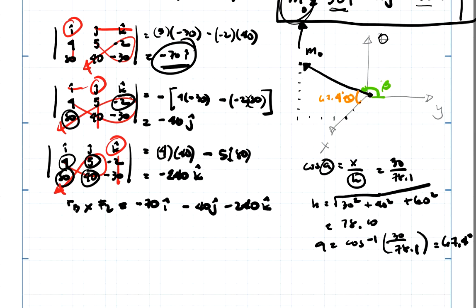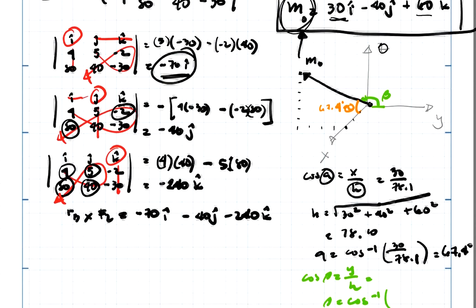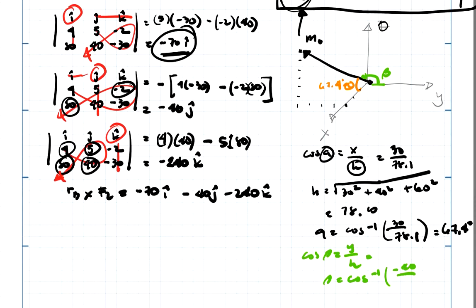So again, cosine beta is equal to y all over h, wherein beta is equal to cosine inverse of negative 40 all over 78.10. So this is equal to around 121 degrees. So our beta is around 121 degrees.